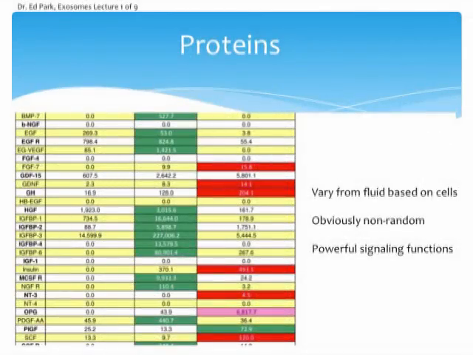This slide shows just some of the proteins from one of the company's exosome products. They assay them and they determine the concentration of different proteins. These proteins are things like growth factors, vascular endothelial growth factor, growth hormone, insulin-like growth factor, etc. And what we notice here in the green column, this is from amniotic fluid, and on the right is from mesenchymal stem cells.